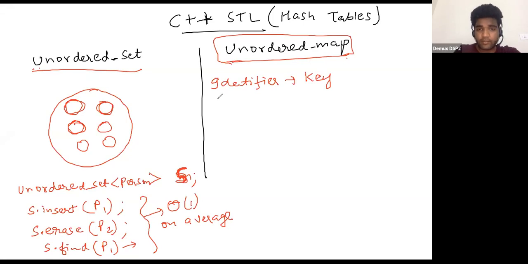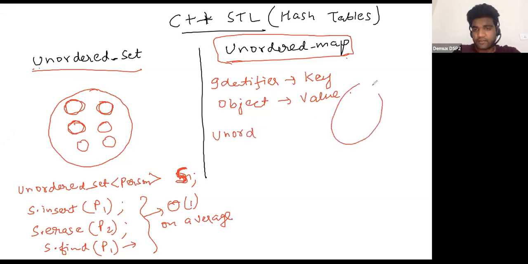And then you can talk about the entire object, which is the value. So if you want to declare any container of this type, you can go ahead and write this keyword unordered map with the data type of the key.